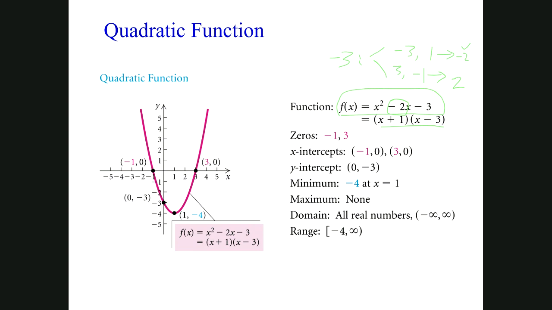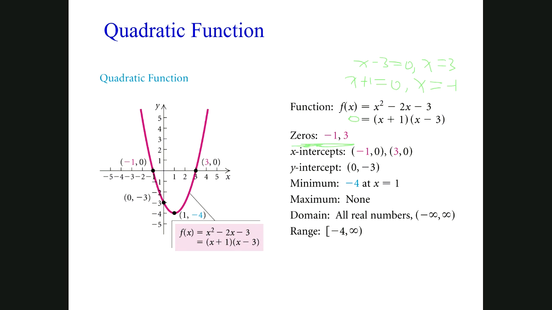Okay. Since we have this factoring, that means we have zeros at -1 and 3. If you make y equal to 0, x plus 1 should be 0, and then solve for x, x will be -1. If you make the other factor 0, you solve for x, x will be 3. So now we have these called zeros. What does zeros mean?